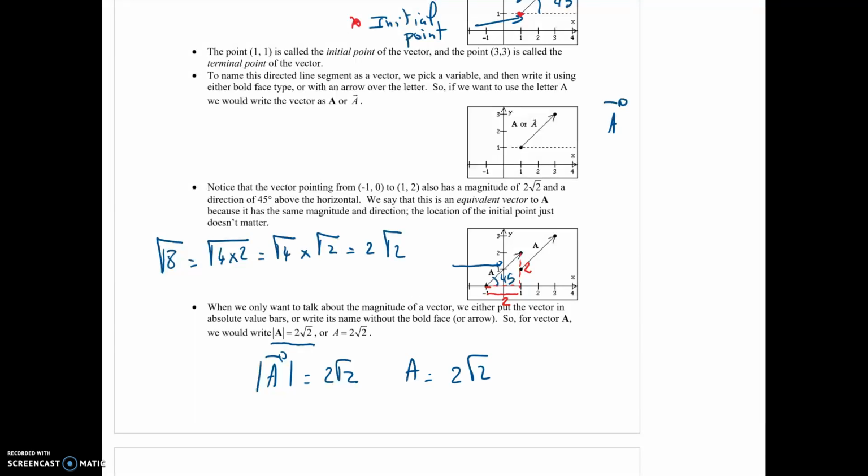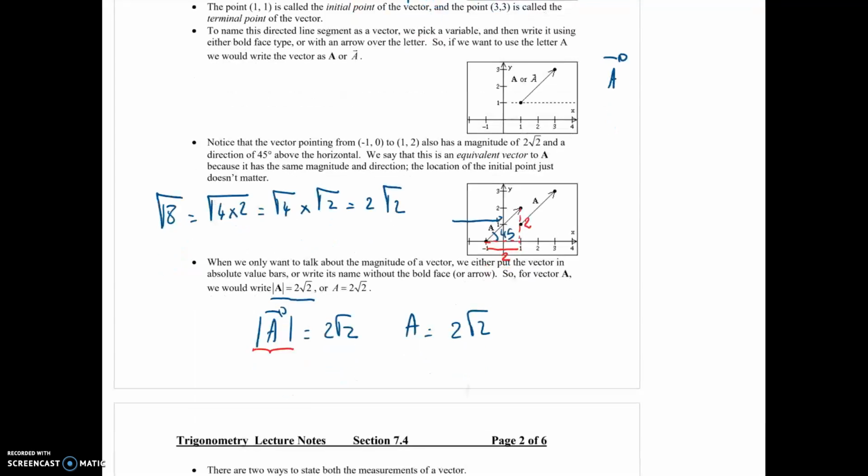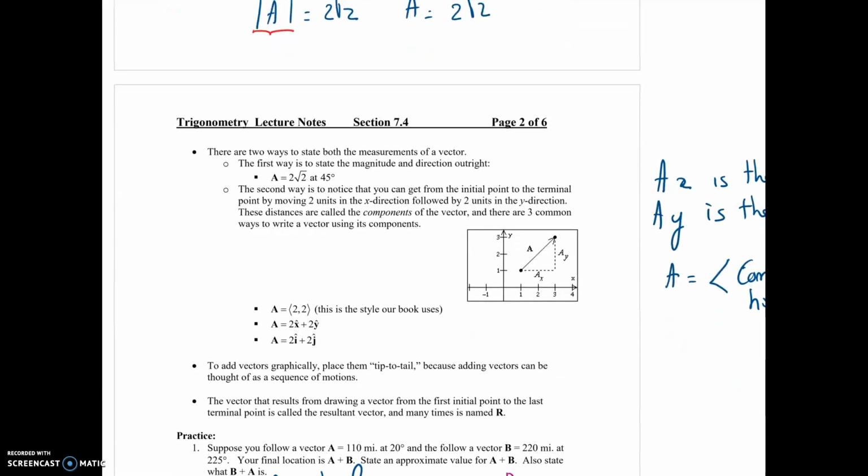How do we represent and write the magnitude? We can represent the magnitude this way right here, or without the little arrow above, and so you end up having just A equals 2 square root of 2. So let's move on.